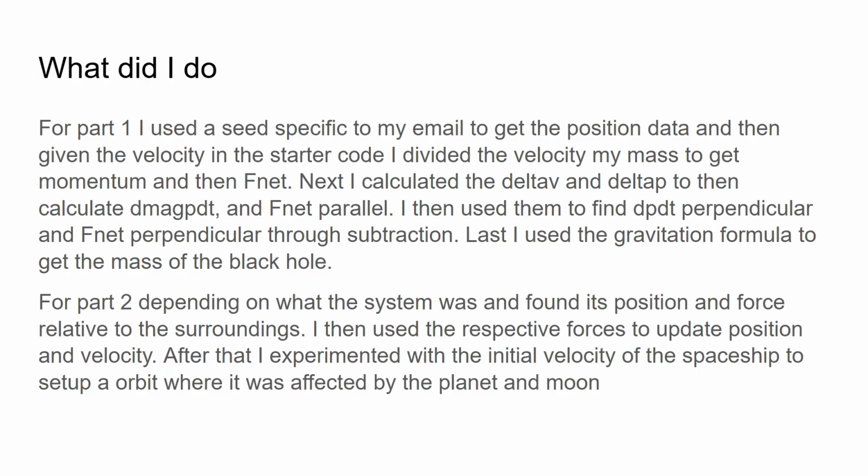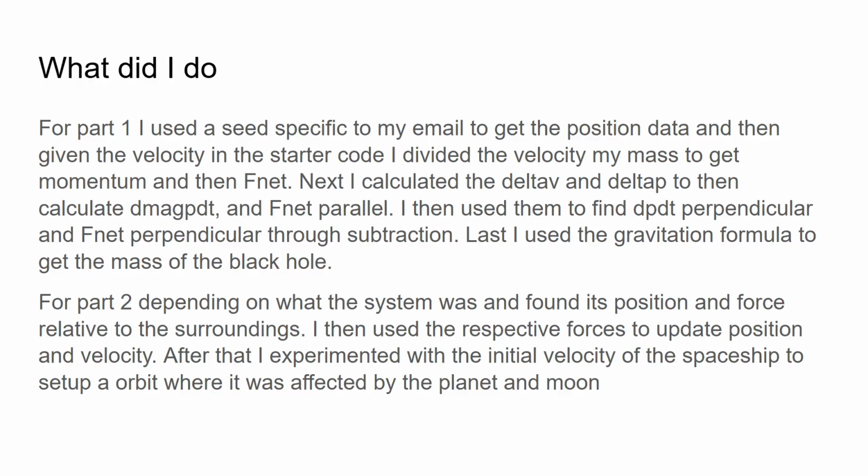For part 1, I used a code specific to my email to get position data. Then, given the velocity from the starter code, I multiplied the velocity by mass to get momentum, and then used momentum to get Fnet.